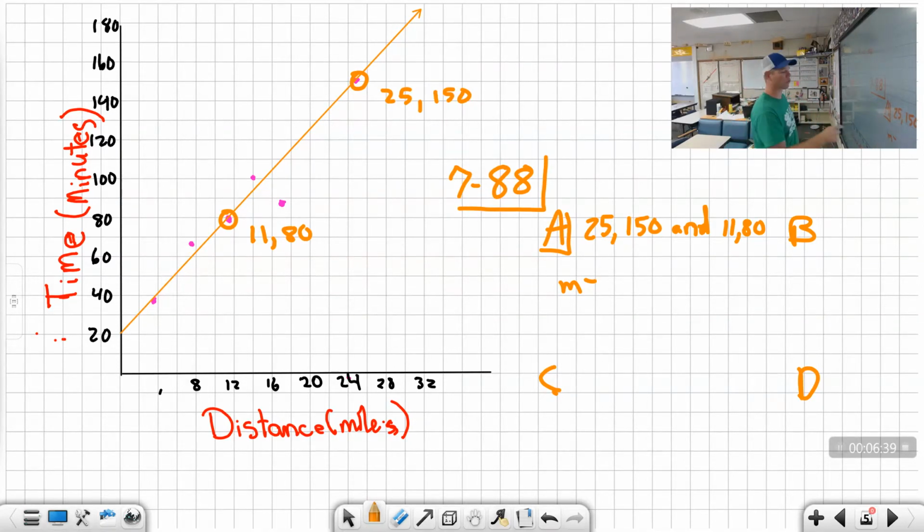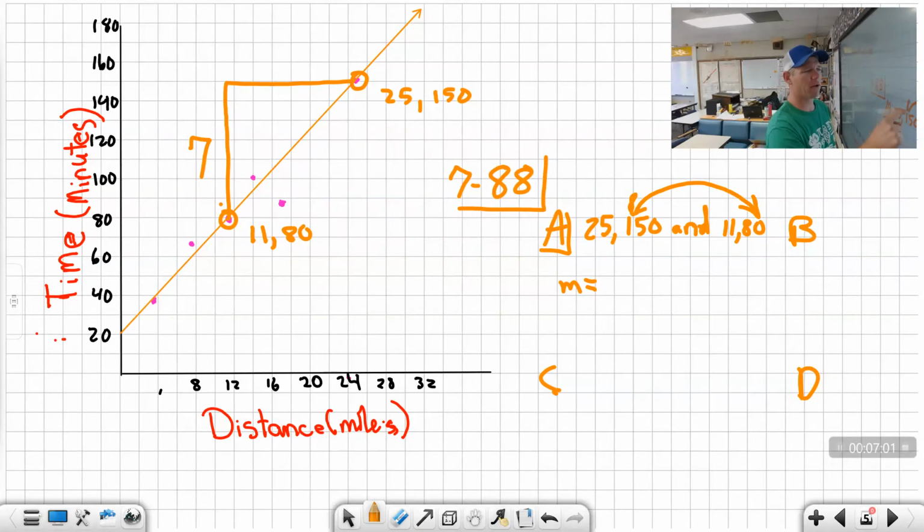Now, if you were using your graph, we could draw a stair. Now, if I am using this problem to figure out slope, some of us make mistakes when we're counting because you count 1, 2, 3, 4, 5, 6, 7 boxes. But is that how much it went up?